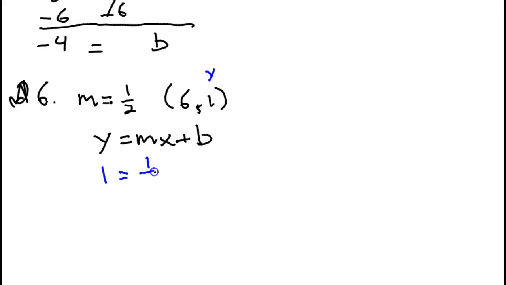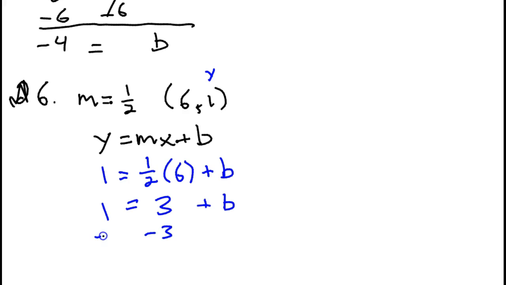Right? Slope is 1/2, x is 6. Right? So what's half of 6? 3. So yeah, fraction not that bad. Or you can look at it as 6 divided by 2, same thing, and then you can solve.